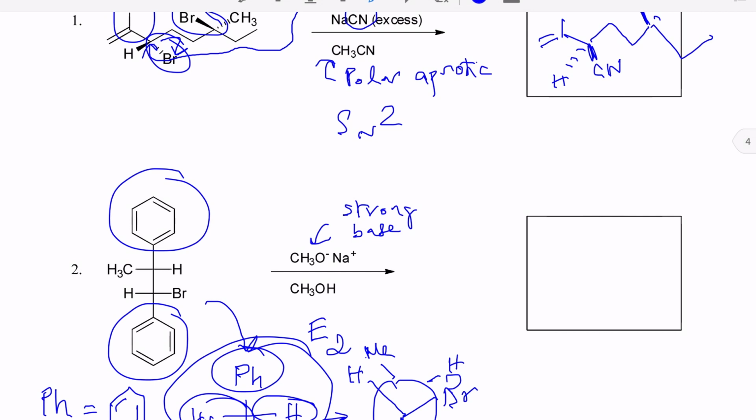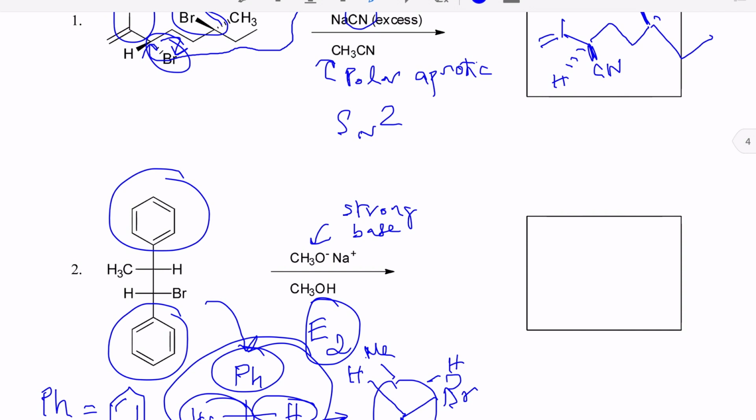Now, since this is an E2 reaction, the thing about E2 reactions is that we want the proton being eliminated and the leaving group, the bromine, to be anti-periplanar to each other. So what does that word mean? It means that they have a dihedral angle of 180 degrees.